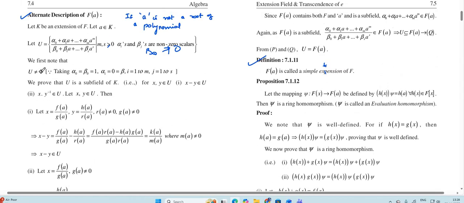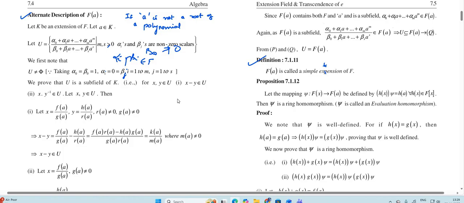First we know that U is non-empty, because when you take alpha naught and beta naught to be 1 and the rest of them to be 0, alpha i and beta j for j ranging from 1 to s. Now U is non-empty because this is present, because these alpha i's and beta i's range over the scalars in F.